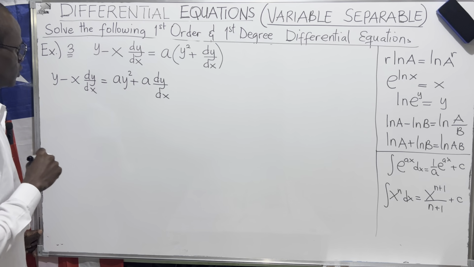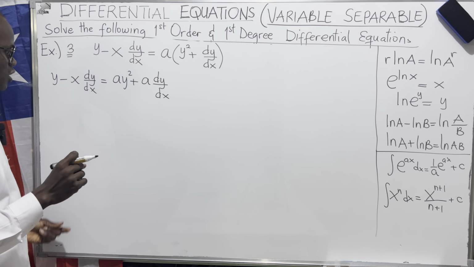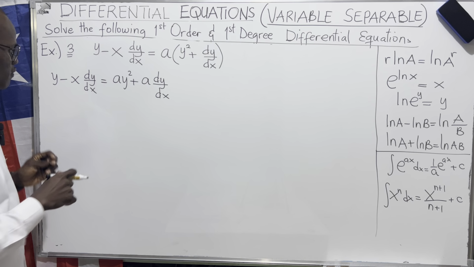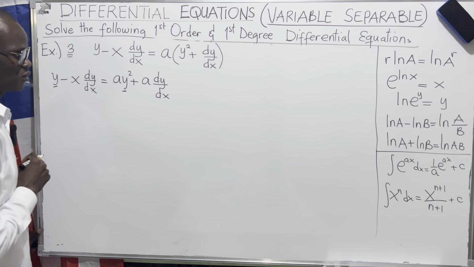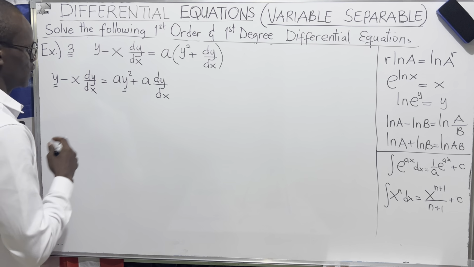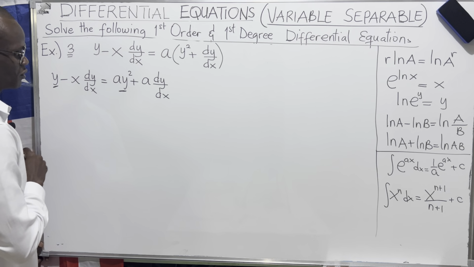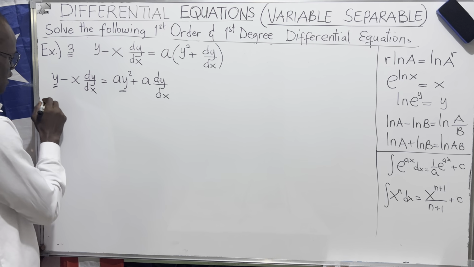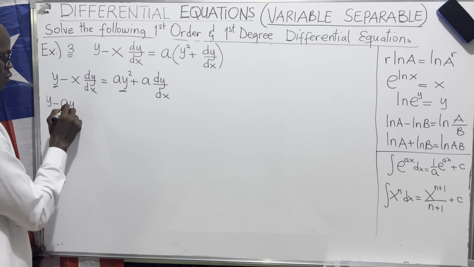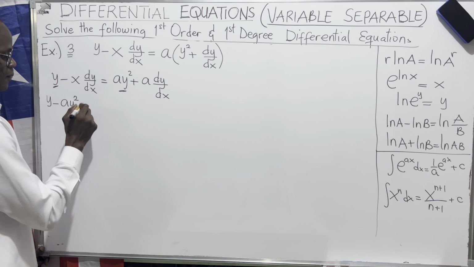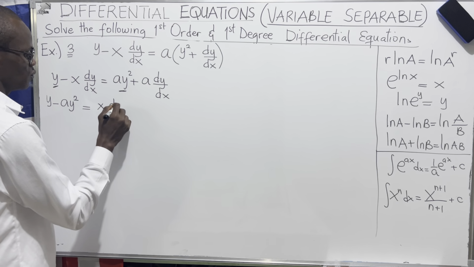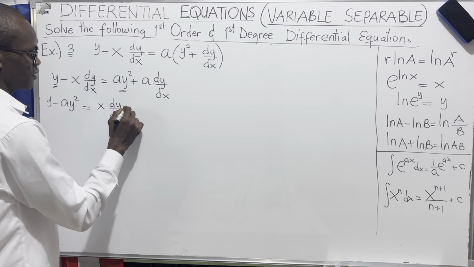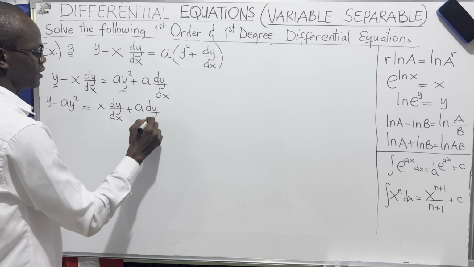Remember, our goal is to ensure that we have all of the variables in y on one side of the equation and all of the variables in x on the other side. So we can group this term and this term. If I group these, I have y minus a y squared equals, if I send this one across, a positive x dy by dx plus a dy by dx.